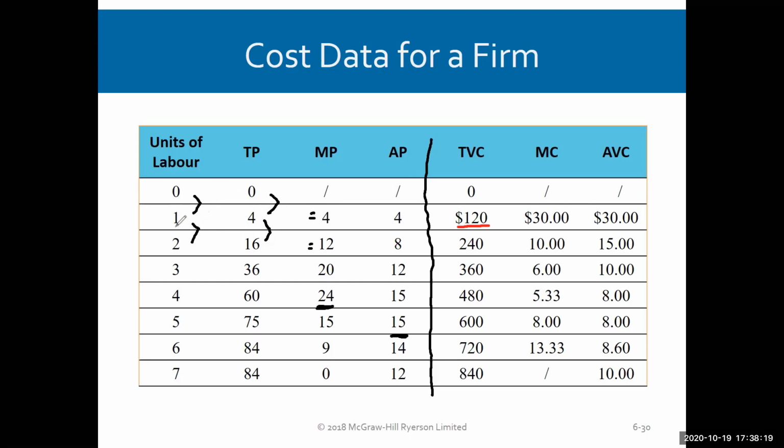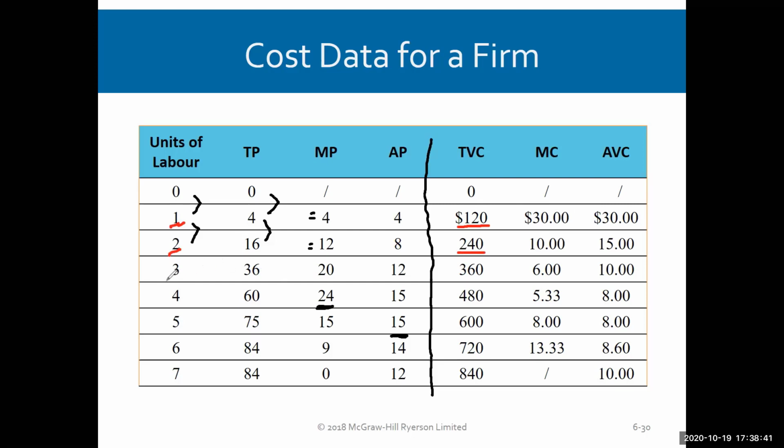Well, that tells us that a unit of labor costs $120. So this may be per day. Okay, that's critical because then once we build this total variable cost, we can fill out all these last 2 columns. Well, what if there's 2 units of labor? Well, 2 times 120 is 240.